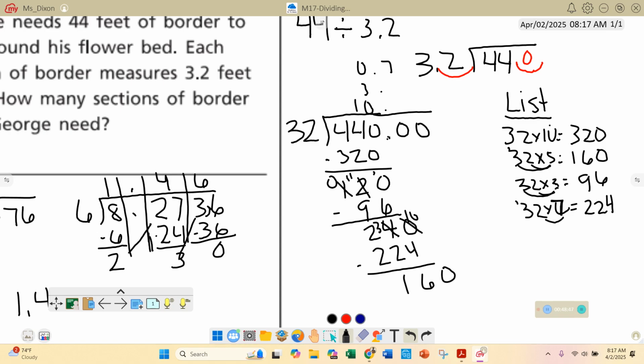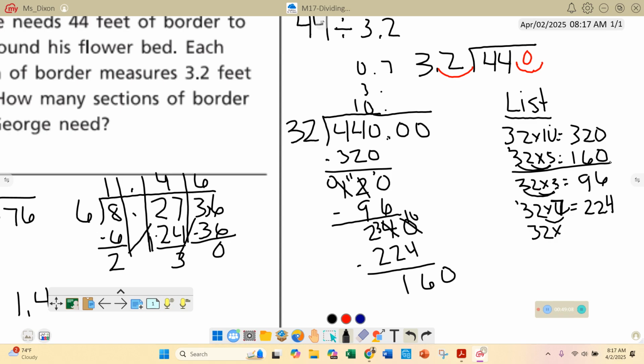Right now, so 32 goes into 160. Right? So we take 32 times, let's see, it can't be 7 because 7's too big. Oh, wait, we already had 5. It's 160. So that would be 5.